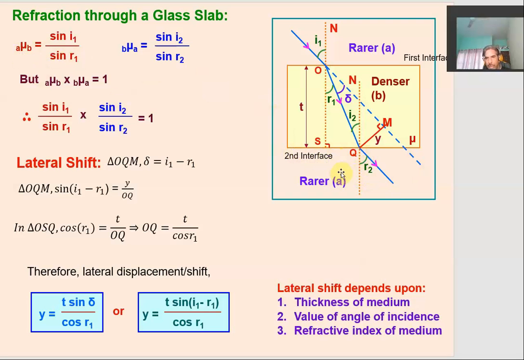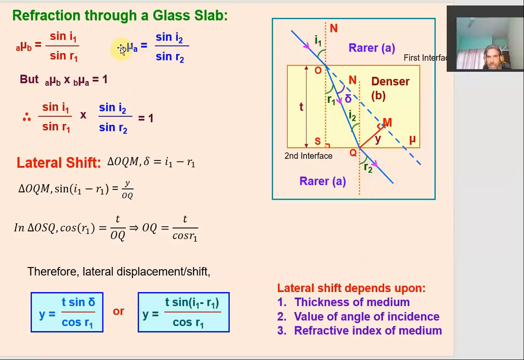So it will be mu A B now, because the light ray is traveling in air medium while it was coming from the denser medium. So mu A B is equal to sine of angle of incidence, which is I2 here, divided by sine of angle of refraction, which is R2 here.